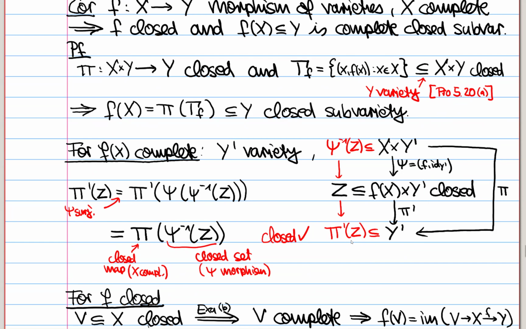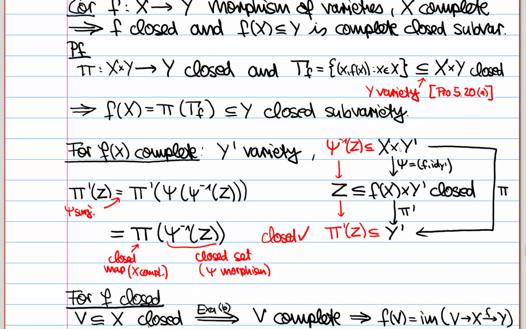That's what we want. But now we can add a kind of roof to this diagram because, if you take this map psi, which is given by F and the identity on Y', it goes from X to F(X) by F, and from Y' to Y' by the identity. So clearly this is an algebraic morphism.